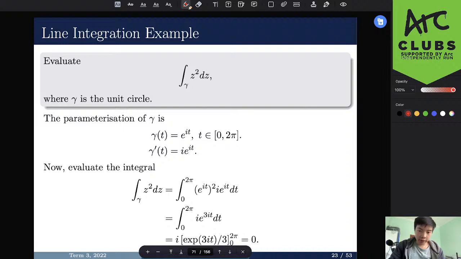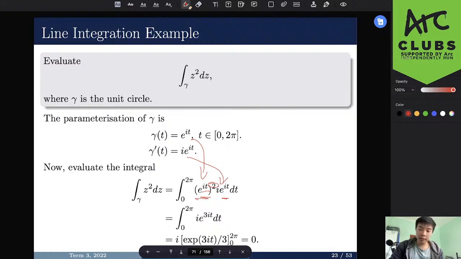And so we can evaluate this integral, and what we would get is we sub in our gamma, and we also multiply it by our derivative of gamma. And so what we get is an integral that ranges from 0 to 2 pi. And then what we can do is we can chuck this 2 into the power, and we can simplify it by combining these two exponentials, and what we should get is the integral of i times e to the 3it.